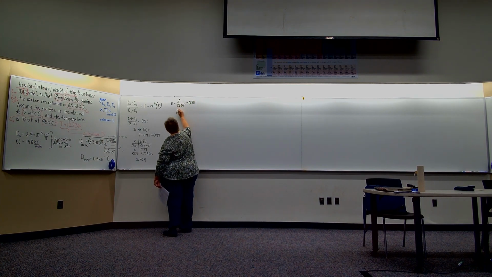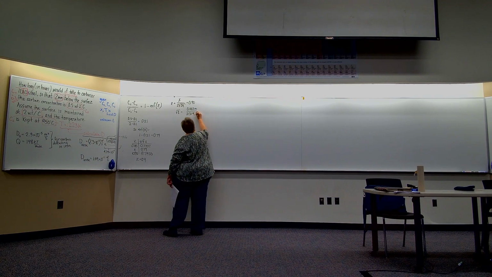So the square root of time is equal to x, 0.002 meters, divided by 2 times 0.9 times the square root of 1.09 times 10 to the negative 11.